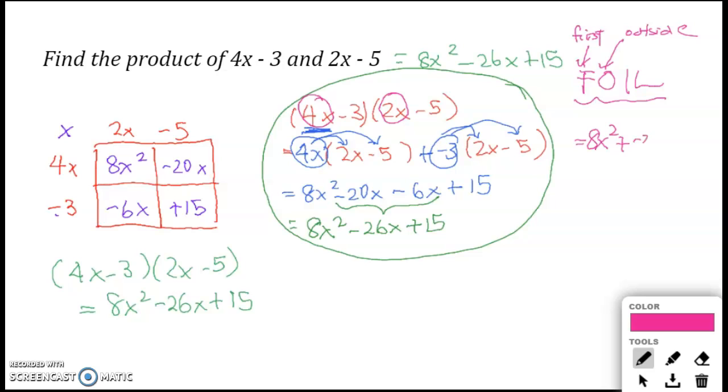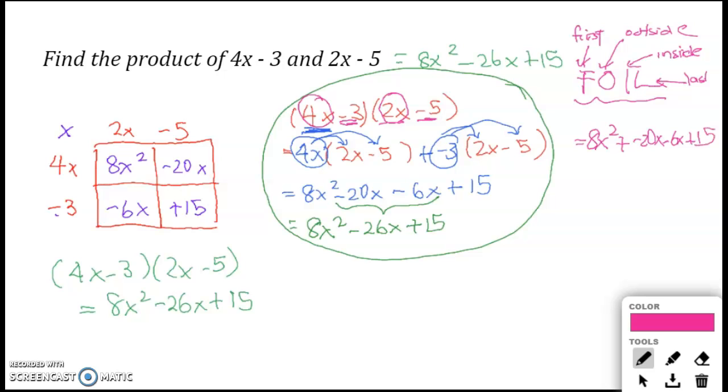What's 4x times negative 5? That's negative 20x. And then I stands for inside. So that means it's negative 3 multiplied by 2x. So two terms that are inside, negative 3 times 2x is negative 6x. And then finally, L stands for last. Last of each of the binomials, that's negative 3 multiplied by negative 5, that's positive 15.